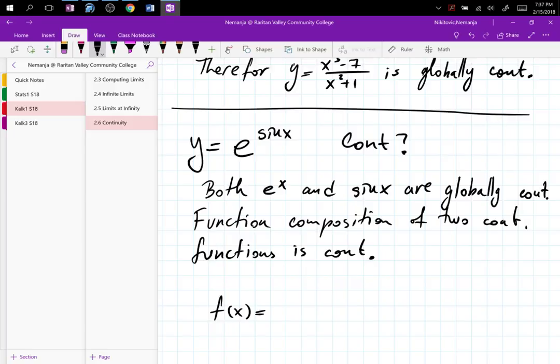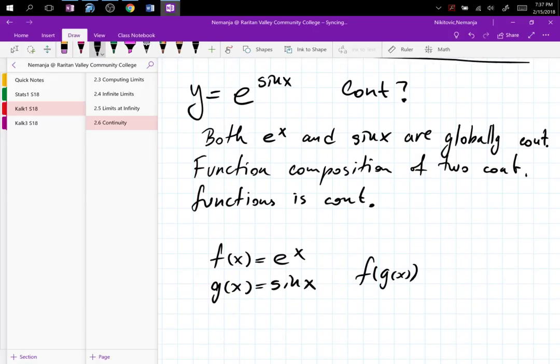So what do you have? You have your f of x equal to e to the x, and your g of x equal to sine x. Now if you want to find f of g of x, you replace every x of f with g. So e to the sine x. You decompose this in your head, and you get e to the x, continuous function, sine x, continuous function, and then you have the function composition to come up with e to the sine x.